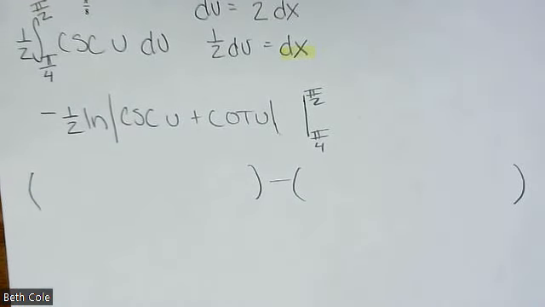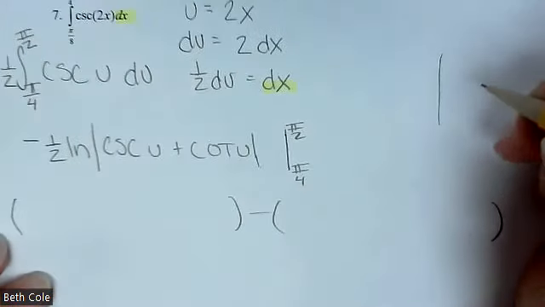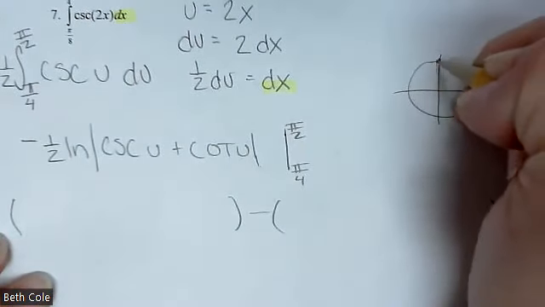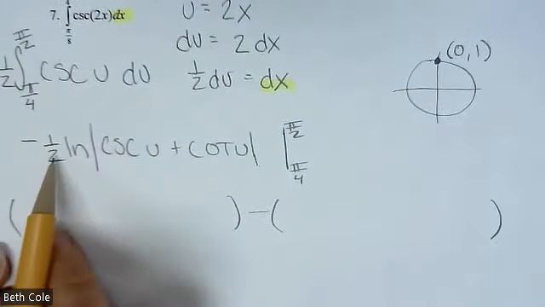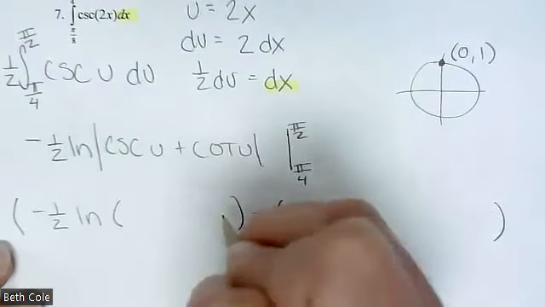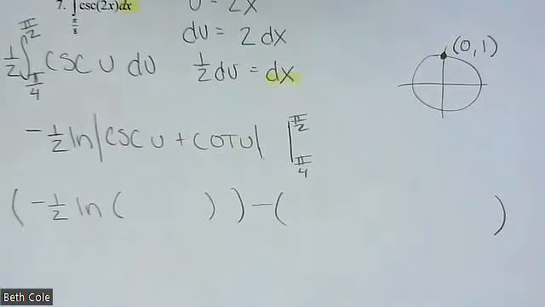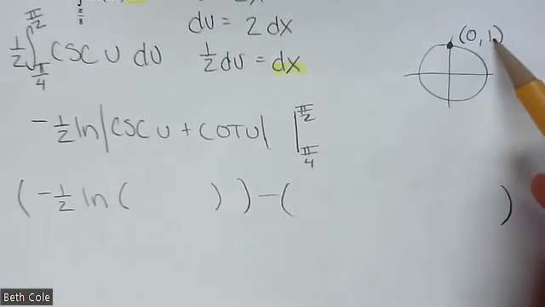Where's pi over 2 on the unit circle? At the top. Here, you know what? I will even draw it for you so that you can see it. What's that point? 0, 1. Good. Okay. So we're going to have negative a half ln. And you can put absolute value if you want, but once you plug in a number, you can drop the absolute value because it's a number. You make it positive. Cosecant means you're going to flip the y value.